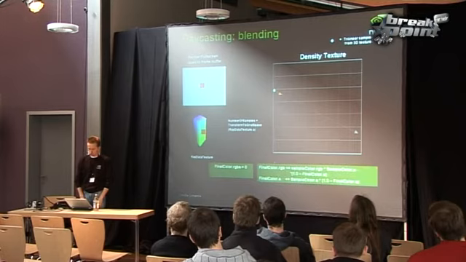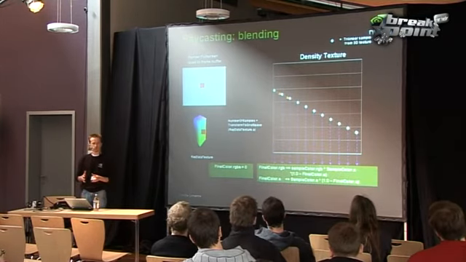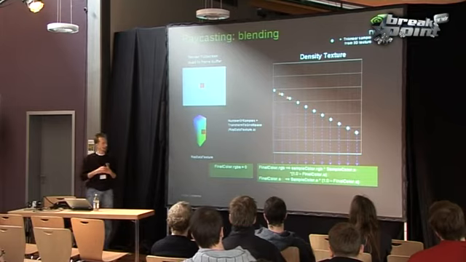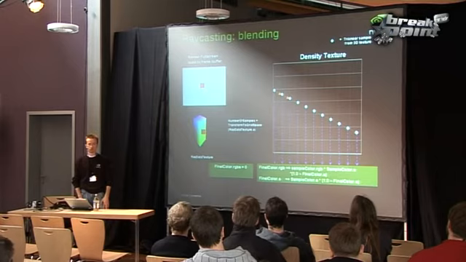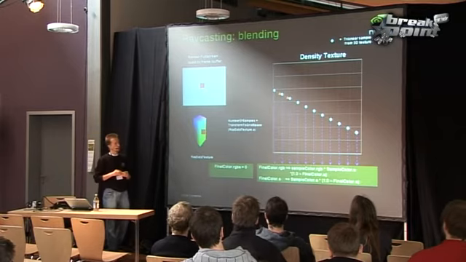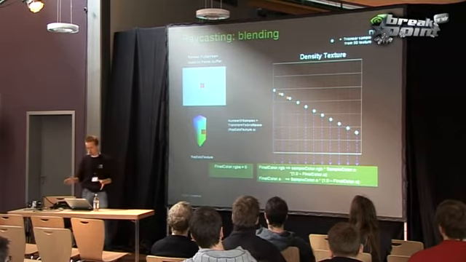Then we sample the density texture, accumulating the results, blending them together. But instead of using an additive blending function, because the smoke absorbs light, it doesn't emit light, you have to do a simple blending equation.